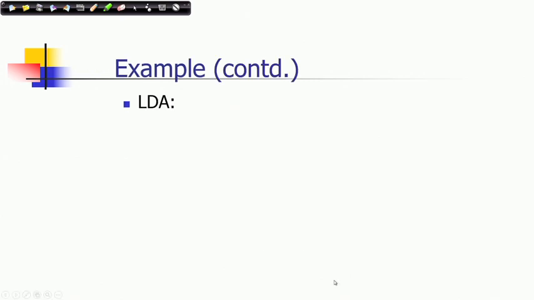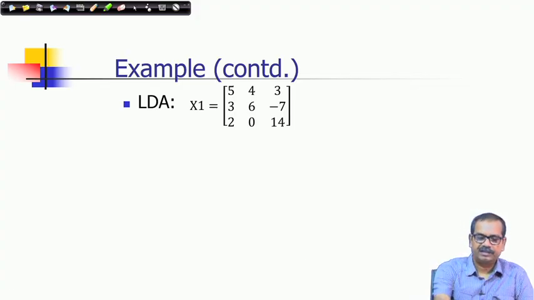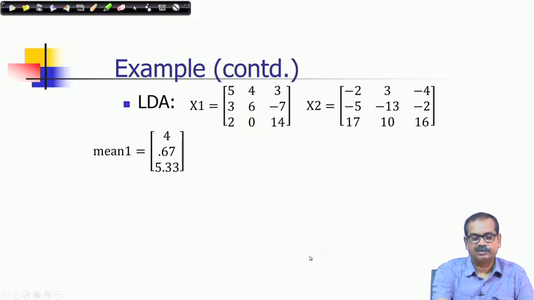For Fisher linear discriminant analysis, we consider this representation of data in two matrices: x1, one group of data, where all column vectors are data points, and x2, the other group, whose column vectors are the data points for group 2.